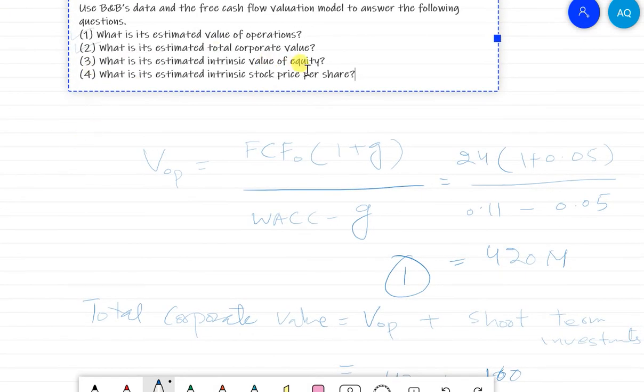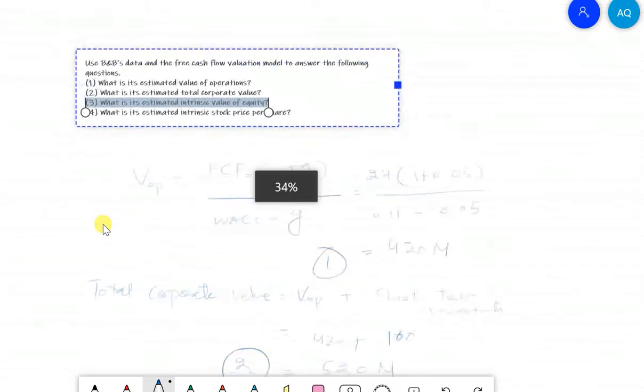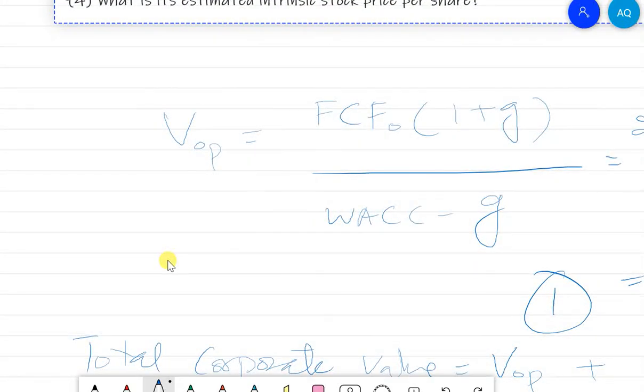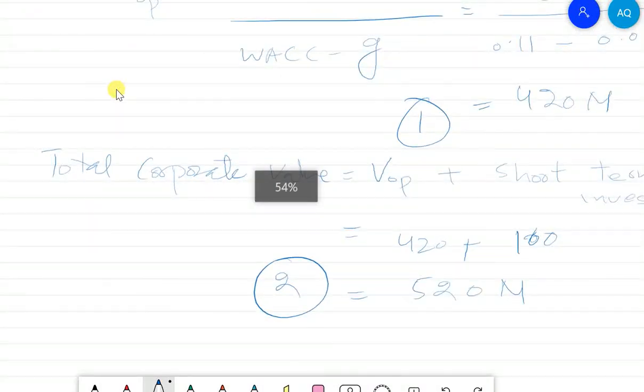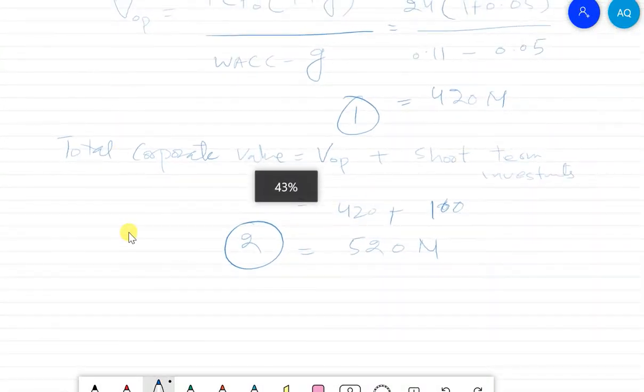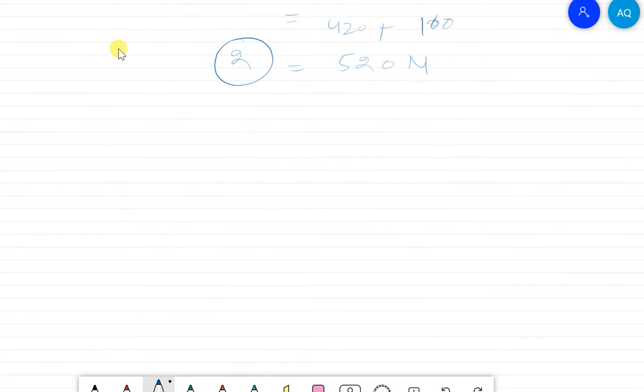Third part, what is the estimated intrinsic value of equity? So we have to calculate the estimated intrinsic value of equity.